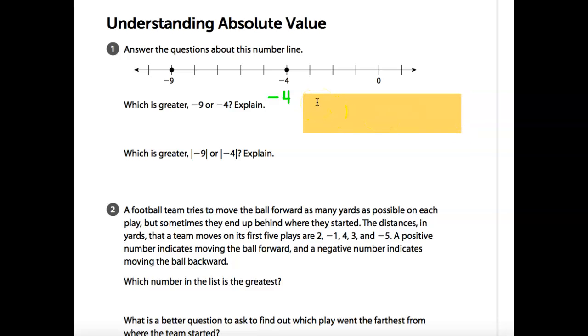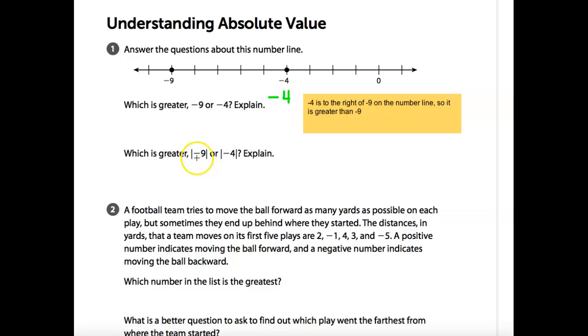Okay, so -4 is to the right of -9 on the number line. So it is greater than -9.